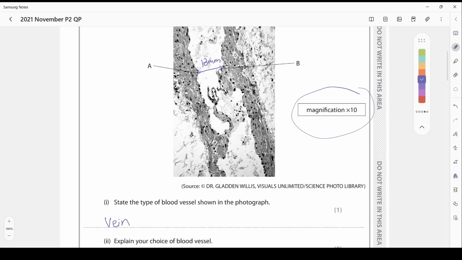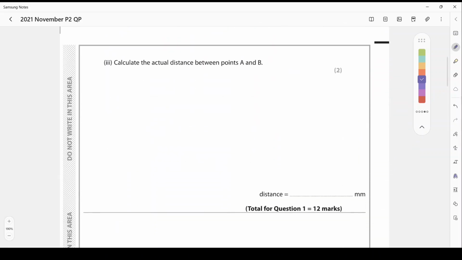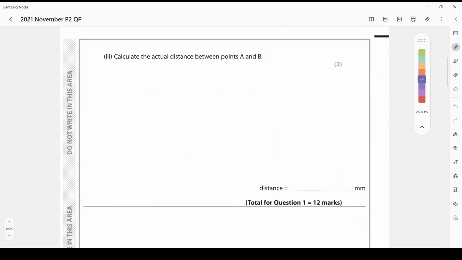Over here, they've included the magnification. So the equation for magnification and image distance and actual distance would be magnification equals image size over actual size. So let's rearrange the equation so that the actual distance is on one side.